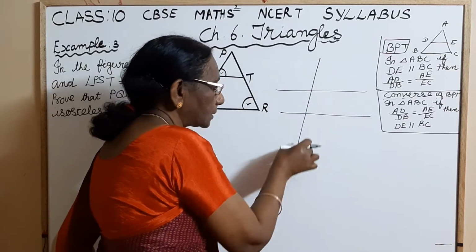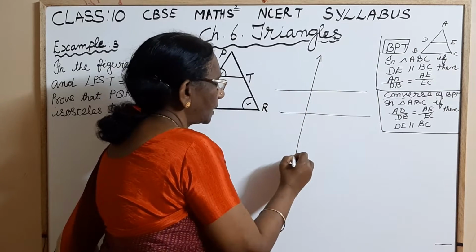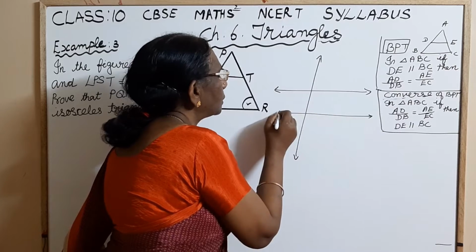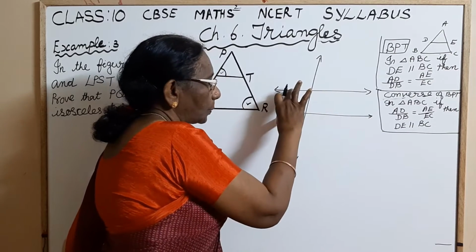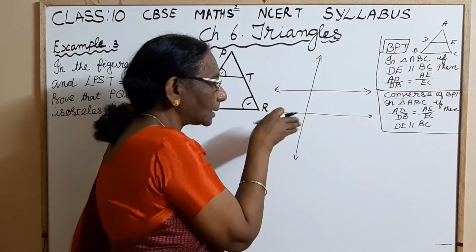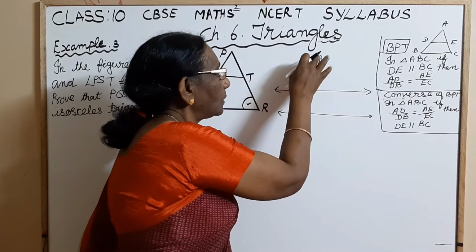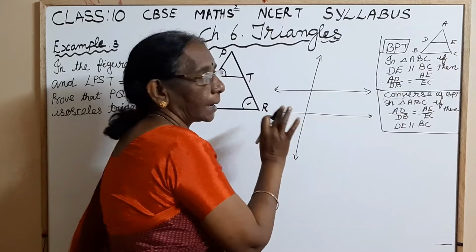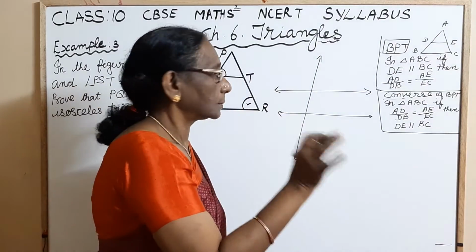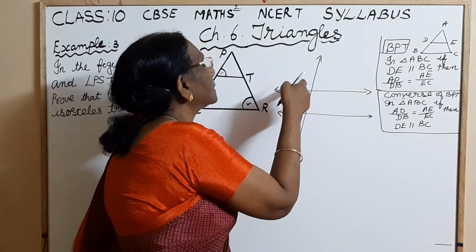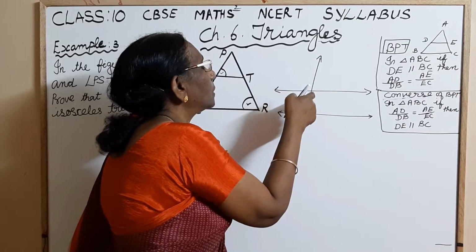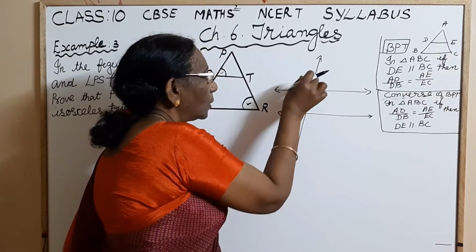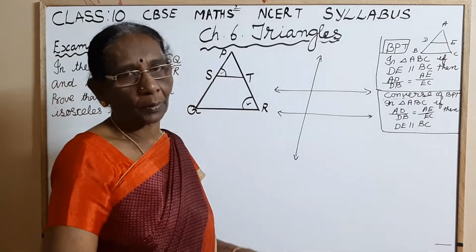So this transversal intersects the parallel lines at 2 points. So how many angles are formed? 1, 2, 3, 4. And here also 1, 2, 3, 4. 4 plus 4, 8 angles are formed.